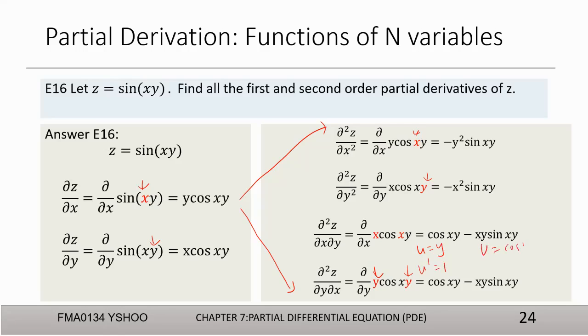Then our v is cos xy, and our v prime is negative sine xy, and y is our variable, so we have x as a constant. So u v prime is negative xy sine xy, and then v u prime is cos xy.